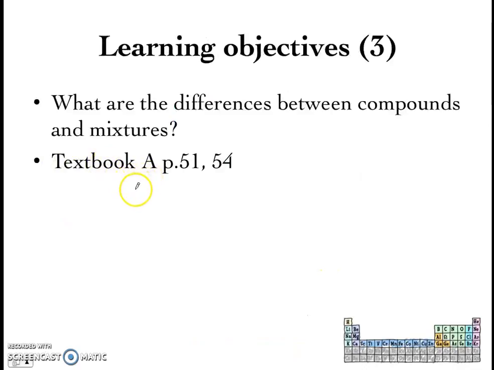For the last part of this lesson, we'll be looking at the differences between compounds and mixtures. So, compounds versus mixtures. Let's think of a compound. For example, we've been talking about water, and water is a compound, and water we know has the symbol H2O.